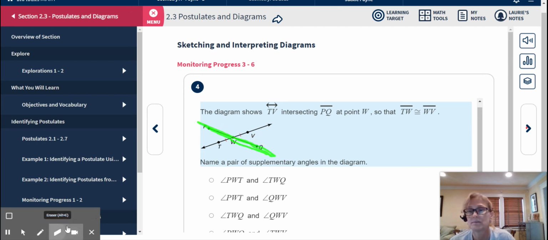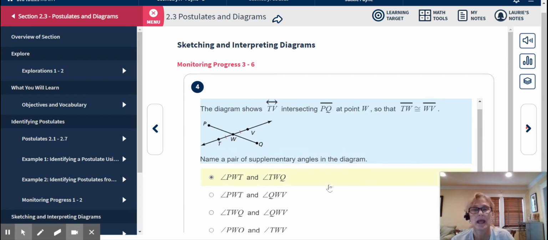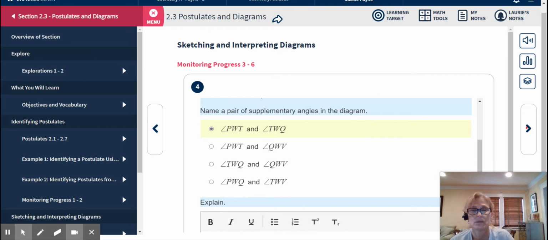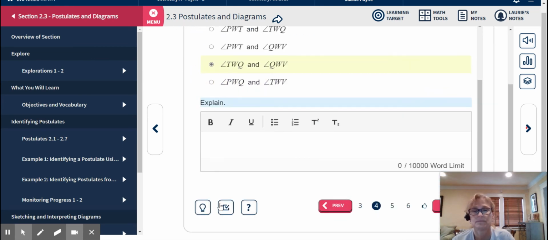So that's PWT and TWQ. That's going to be the first one. And you can also say this line here, so this is TWQ and QWV. And we're just going to explain like that.